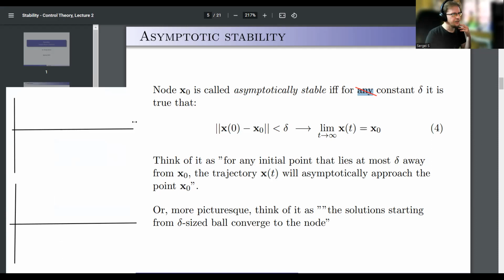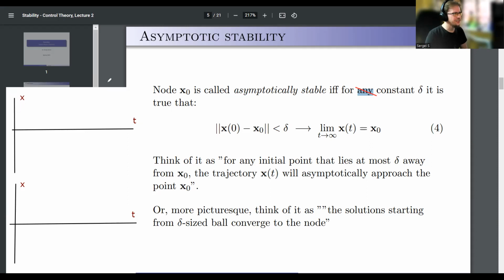This will be my t-axis. This will be my x-axis. For now, we'll just consider a scalar case. I have to draw by hand, so apologies, it will be extremely ugly.